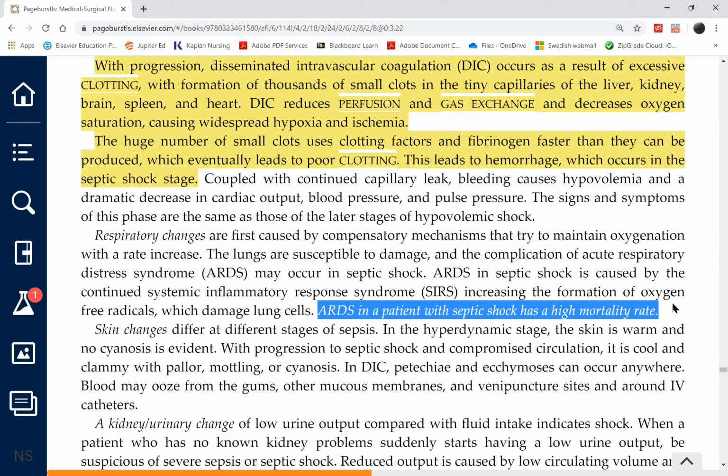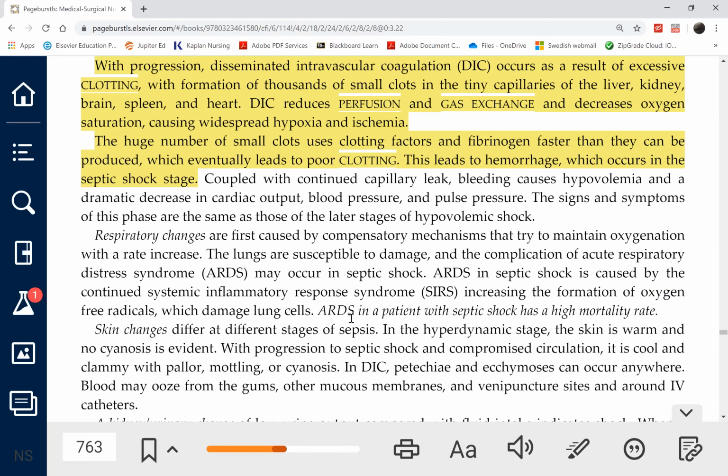There was increased capillary membrane permeability in response to the inflammatory cytokines, and that will lead to accumulation of fluid in the alveoli, and the patient develops DIC. So 3 things can kill here: DIC, ARDS, or septic shock.